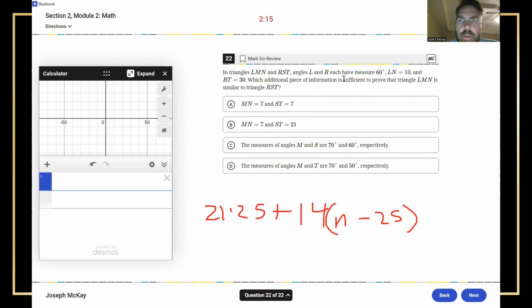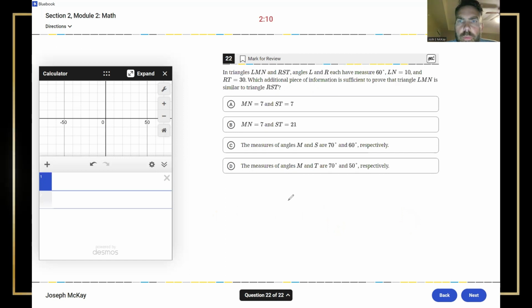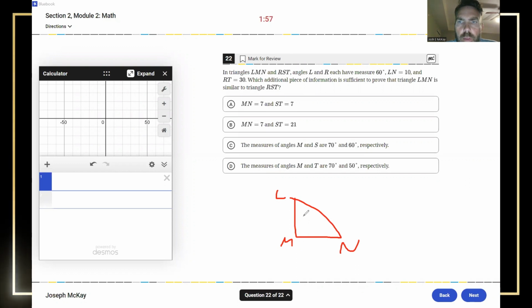Got a triangle here. L, M, N. L is 60. I also have this RST.